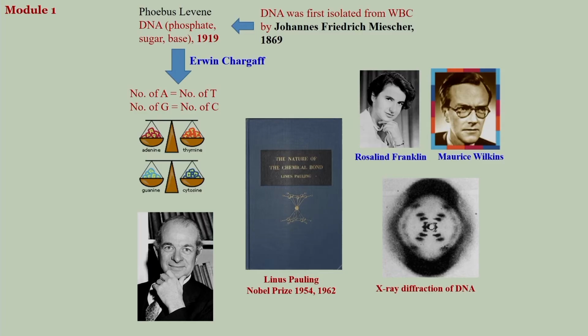And with the help of an actual experiment, the X-ray diffraction pattern of DNA obtained by Rosalind Franklin and Maurice Wilkins, Watson and Crick finally came up with the structure of the DNA, that is the double helical structure of B-DNA. That structure is obviously unique in nature.